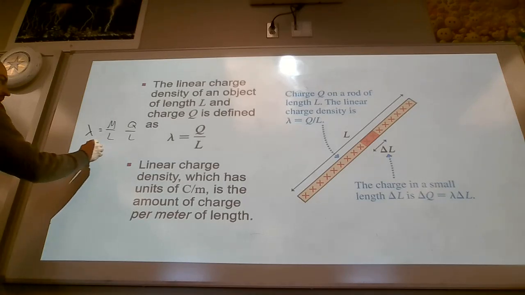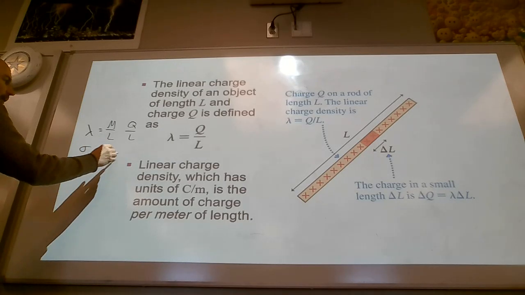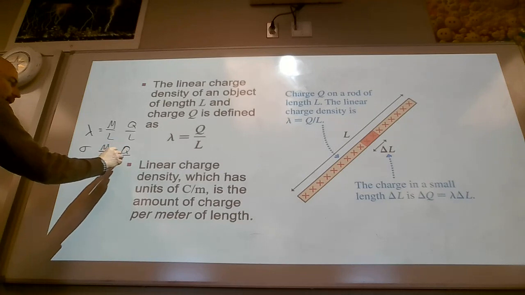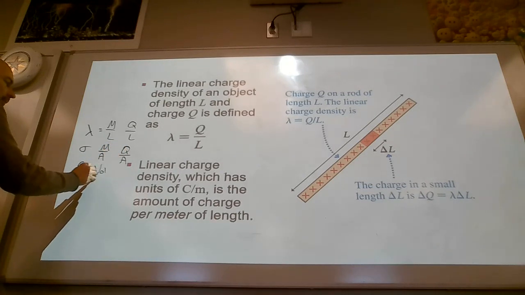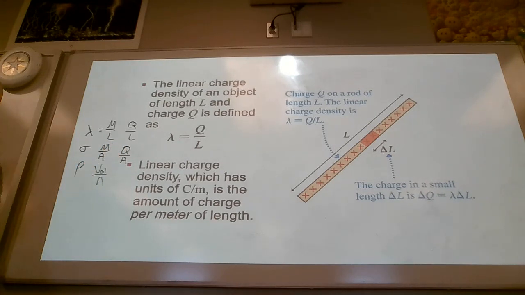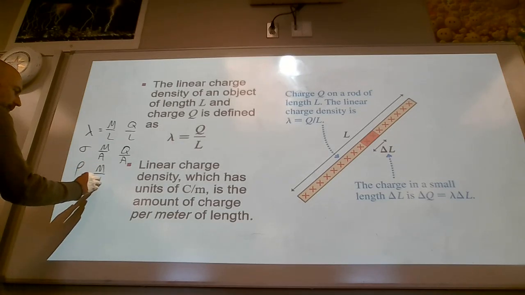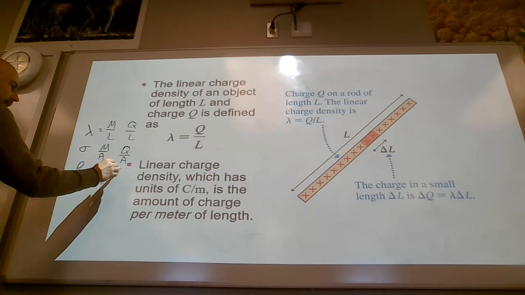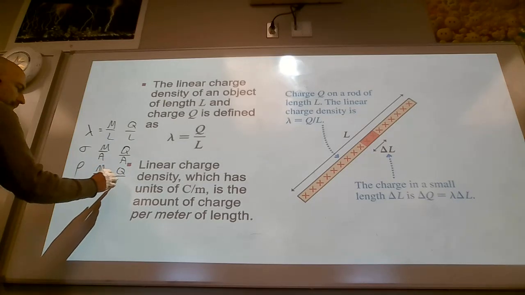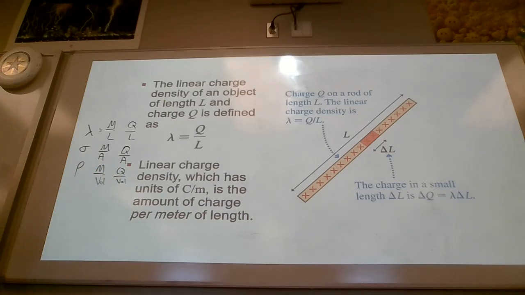Instead of mass over area, charge over area. Instead of saying mass over volume, we're going to say charge over volume. So this is charge density, surface charge density, volumetric charge density.